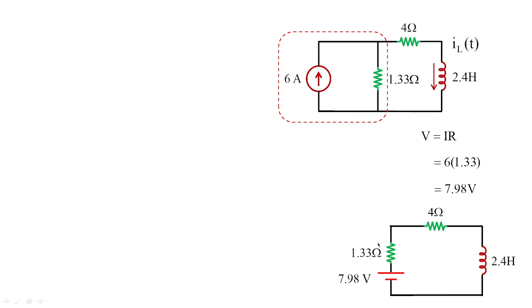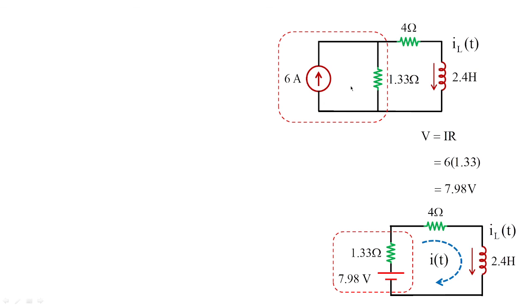And this circuit you can see is changed to this circuit, where we are not changing the 2.4 henries parameter, that is IL of t, in fact I of t. Only this part of the circuit is changed. Is this clear? Please comment in the chat box whether you have understood this step or not. It's a simple step.